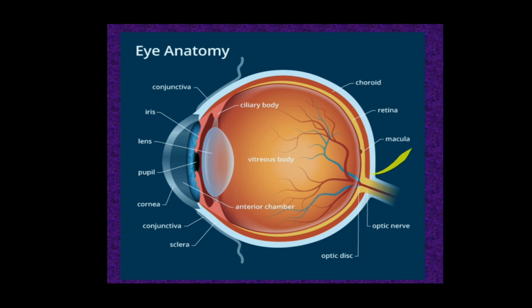But the yellow spot has the maximum number of receptors, which gives visual acuity to its highest level. Now, in front of the cornea, there is a protective layer called the conjunctiva. Then two chambers in the eye.